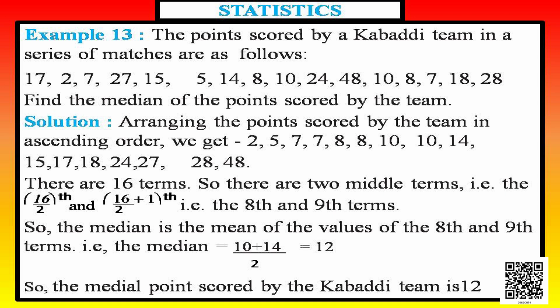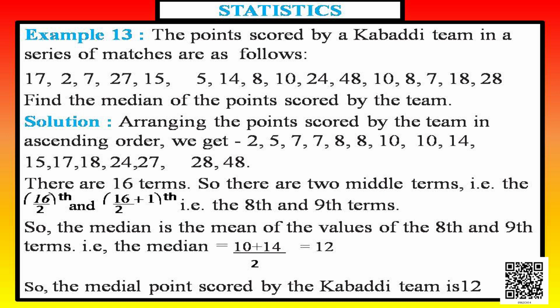Arranging the points scored by the team in ascending order, we now have 2, 5, 7, 7, 8, 8, 10, 10, 14, 15, 17, 18, 24, 27, 28 and 48. There are 16 terms. So, there are 2 middle terms, that is the 16 by 2 and (16 by 2 plus 1)th term, that is the 8th and 9th terms.